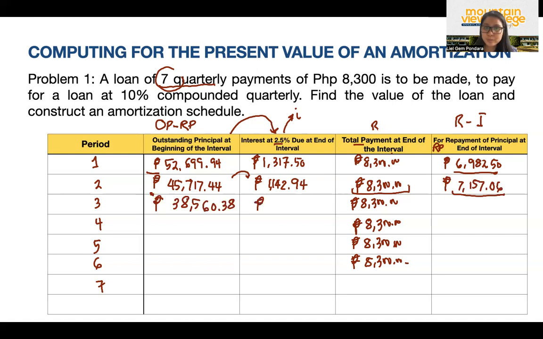In the third period, you multiply your outstanding principal by the interest rate. So we'll just pay 964.01 for the interest. If you notice, the interest is depreciating. We call that depreciating interest because the lower your principal will be, your interest will also lower. You subtract the interest from 8,300.